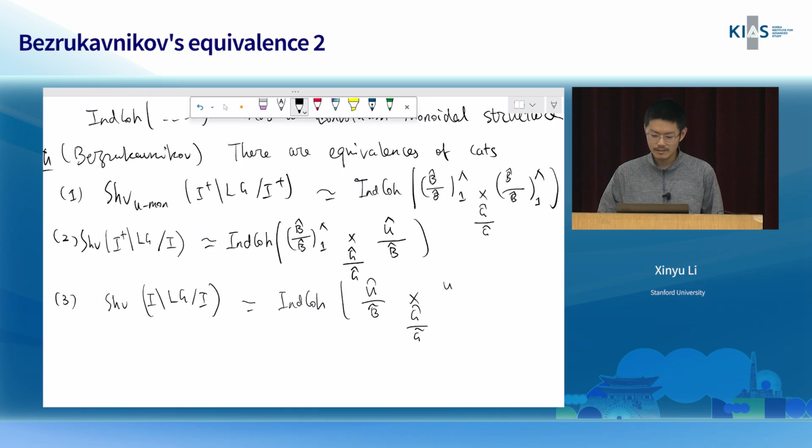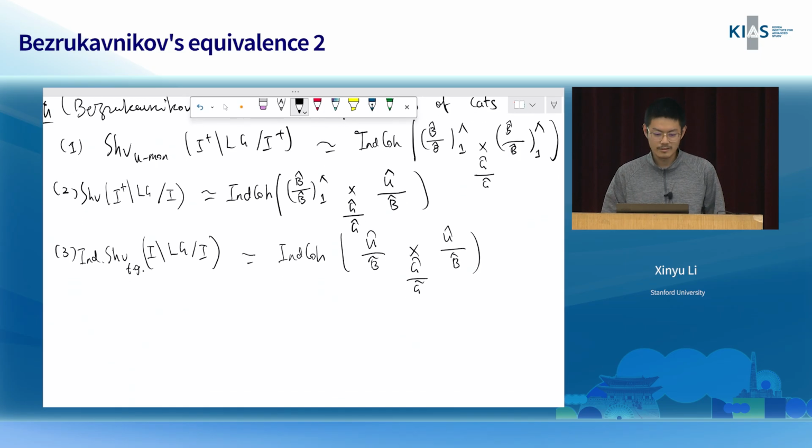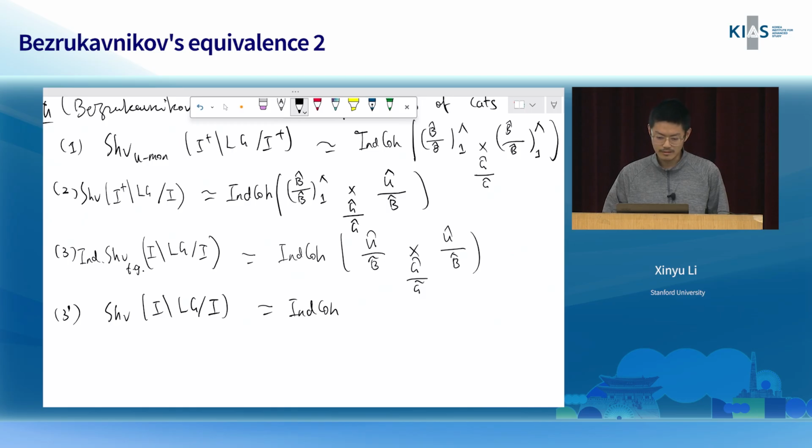But for technical reasons, on the automorphic side, I need to do some small modification, so it should be replaced by what's called Ind Sheaf FG. Or if you don't want to change the automorphic side, then you need to do some modification on the spectral side. You can add what's called the nilpotent singular support condition, but I will not talk much about it today.